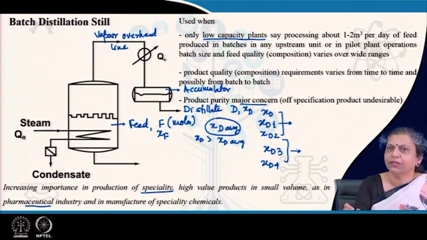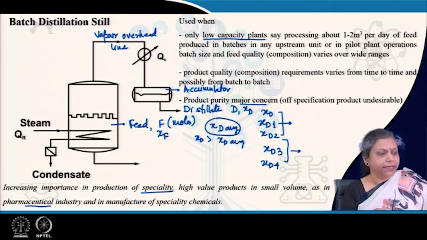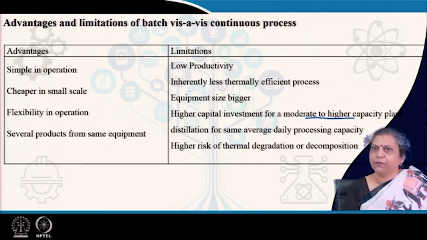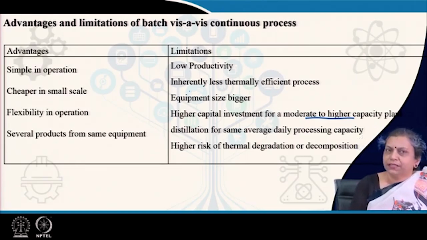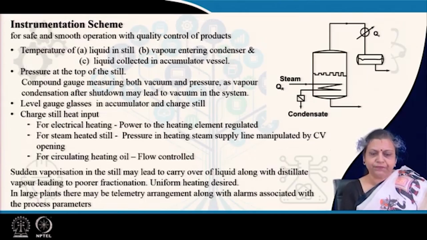So, in this particular way, depending upon the number of products and the specifications, we can collect the products in different accumulators, and we can get different products from the same feed in the same operation. This is not possible in a single equipment in a continuous process.